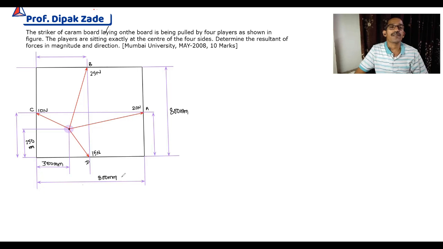The players are sitting exactly at the center of the four sides, and we must determine the resultant of forces in magnitude and direction. The length of side of this carom board is given as 800 mm by 800 mm.